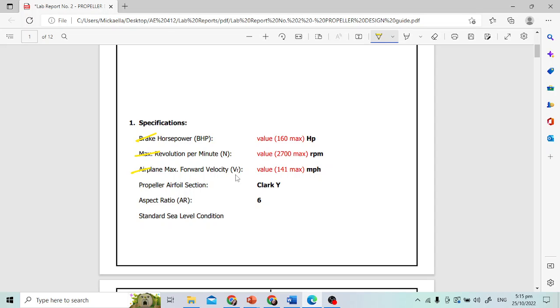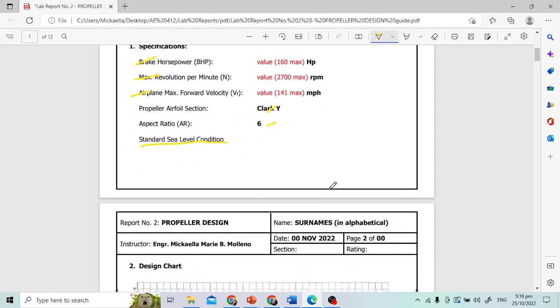So, yung lahat ng naka-red dyan ay i-assume natin. And yung naka-black, especially itong propeller airfoil section rather, we will use Clark Y, all of us. Then, we would be using yung aspect ratio na 6. And kindly take note na standard sea level condition yung ating gagamitin, especially when it comes to the computations.